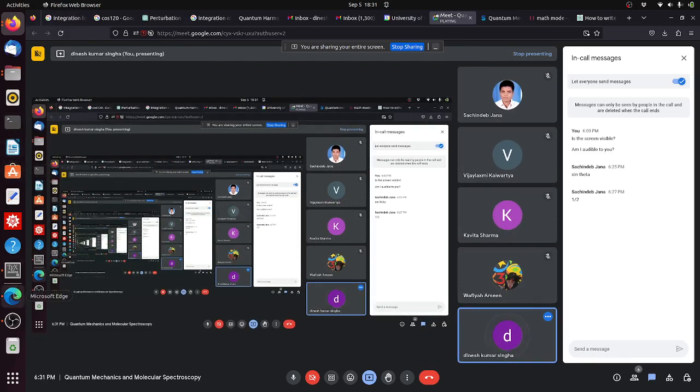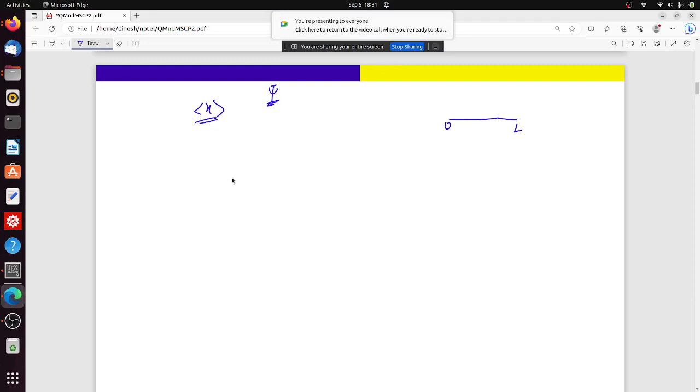Okay. So expectation value of any parameter, let's say a, given a wave function will be psi star a psi integrated. Integration depends on x, it will be x. Okay, and the limit is whatever the boundary of that question is.